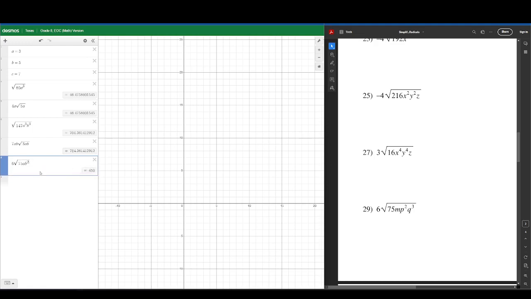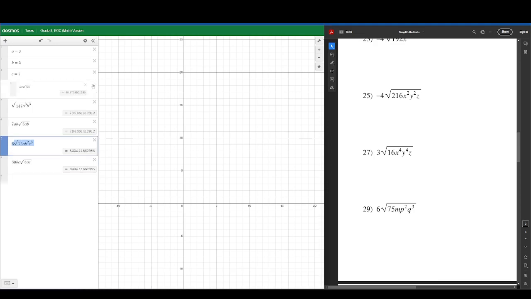That's our original version, and then I would factor out a 5 from that 25, so I'd have 30. I'd factor out no a's, a single b, a single c, and then left in the radical I would have 3ac. And we come up with the exact same number. So we know that this is properly simplified because they give the same value.